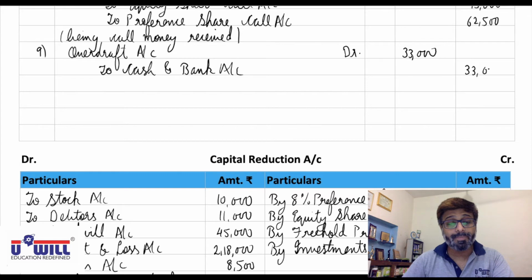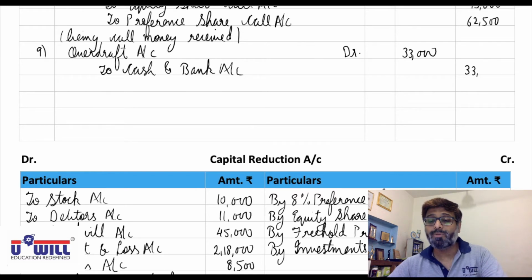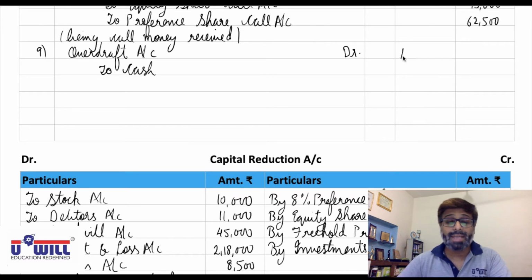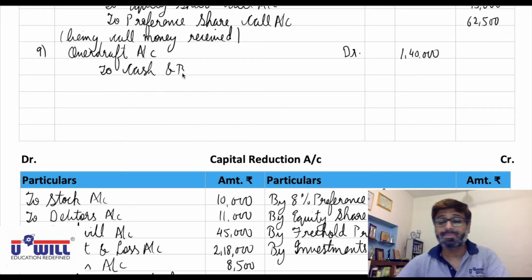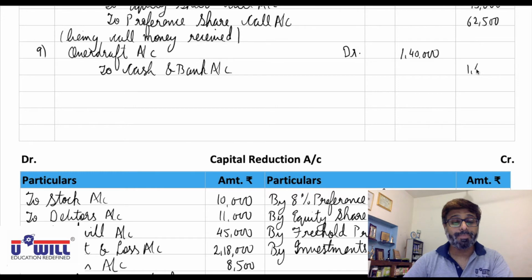Being 1,40,000, 33,000 is the balance remaining. We have paid full 1,40,000. So overdraft account debit 1,40,000 to cash and bank account 1,40,000. Being overdraft paid.